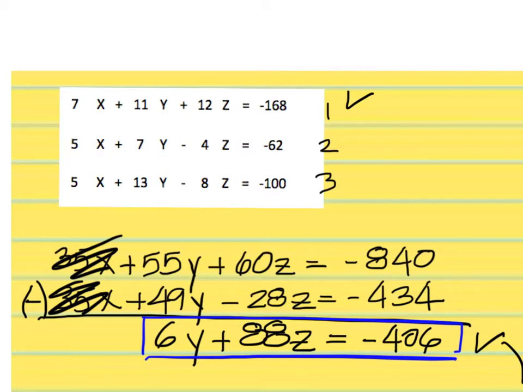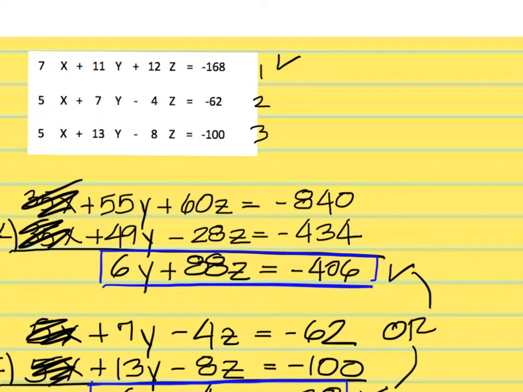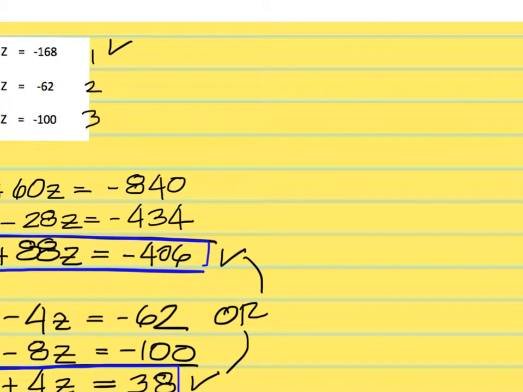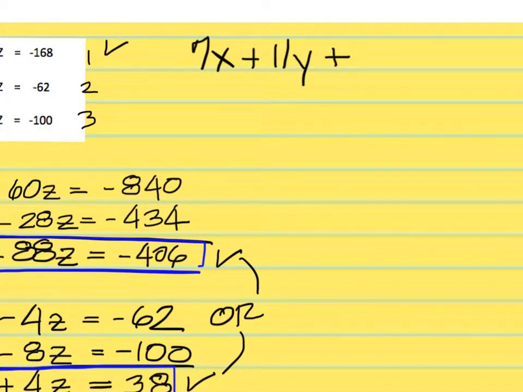So the first item in your wedge formation is going to be the first equation. 7x plus 11y plus 12z equals negative 168. So let's write that down.